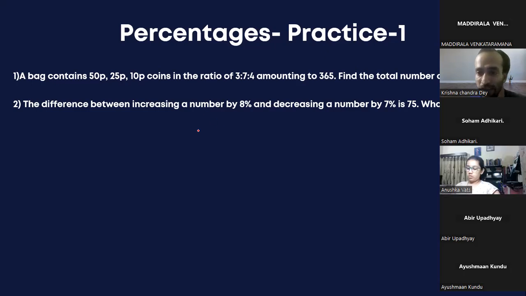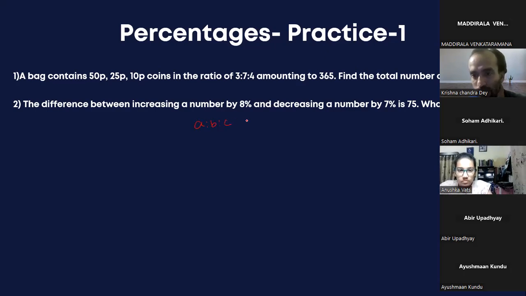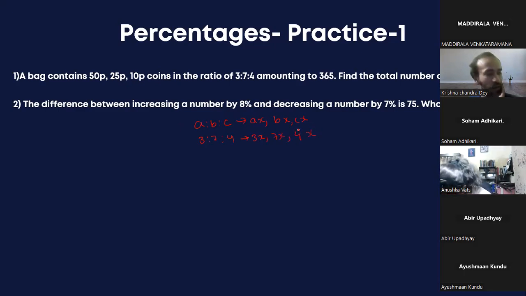See, what I told in the first slide, if anything is in the ratio of A is to B is to C, I can take that as Ax, Bx, Cx, right? If these coins are in the ratio of 3 is to 7 is to 4, I can take that as 3x, 7x, 4x, right? This is how I will take it.